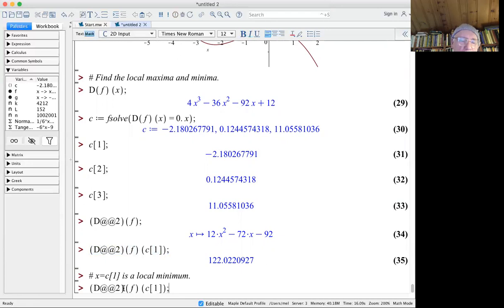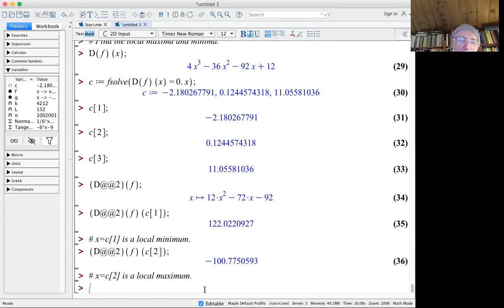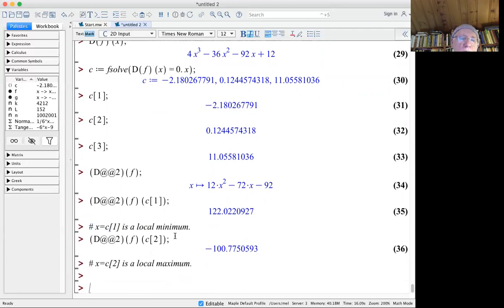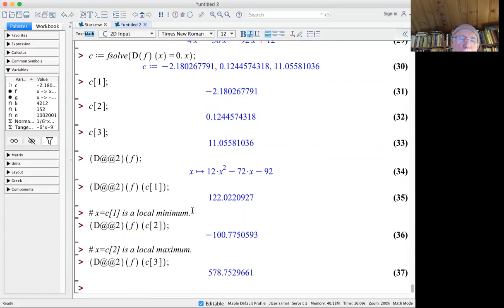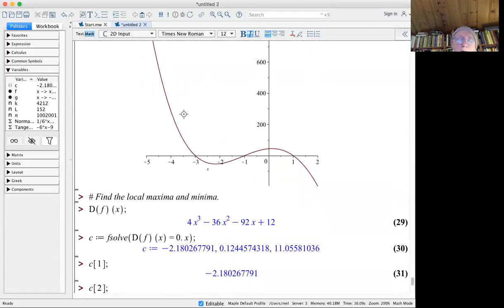Let's evaluate the second derivative at C2. It's negative. So that means that x equal C2 is a local maximum. Let's evaluate this at C3. Positive. That means x equals C3 is a local minimum. And that's what you have.